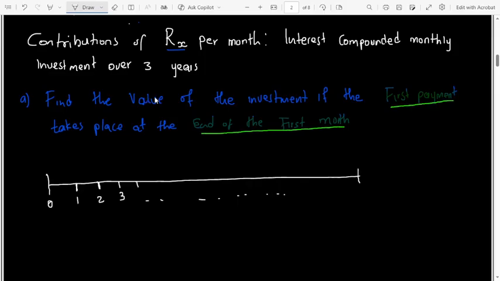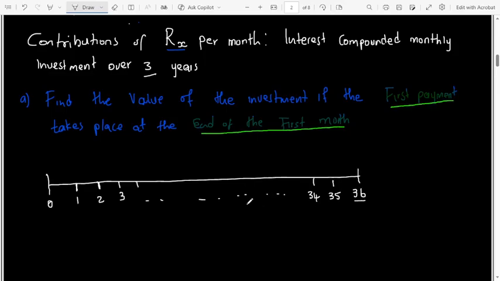They said 3 years, compounded monthly. So it will be 3 times 12, which is 36. So this one will be 36, which is the last payment. This one will be 35, this one will be 34.